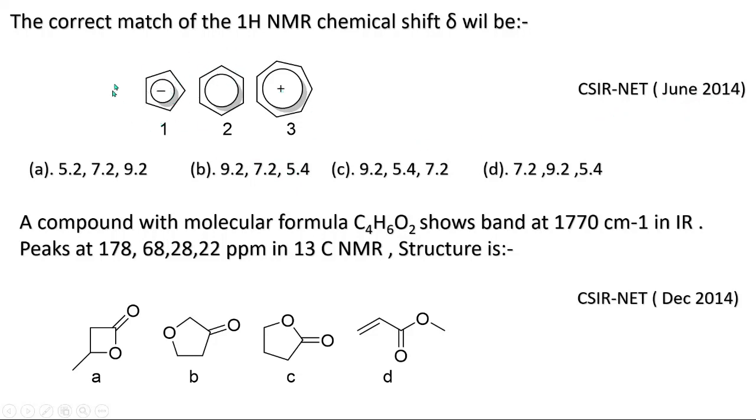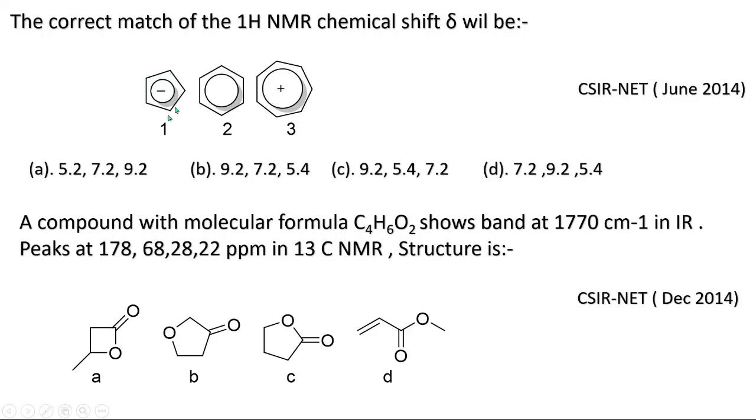To solve this problem, you have to know that an electron rich species will come in the shielded region, and an electron deficient species will come in the deshielded region, that is downfield. If you see, all these compounds have 6 electrons resonating in the structure.